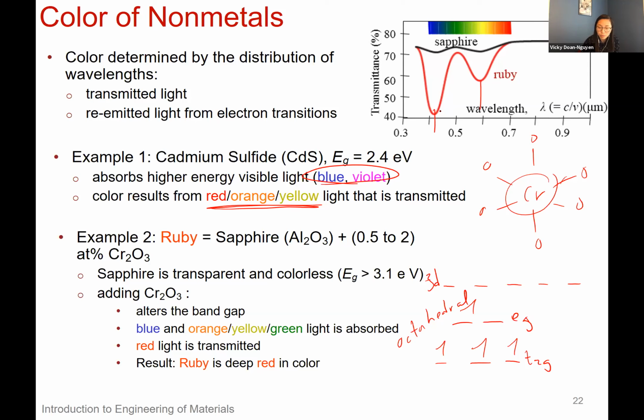The chromium, you have these states where then the electrons of this energy or wavelength can come down, and the photons that get emitted have the energy of 560 ish nanometers, which corresponds to green.